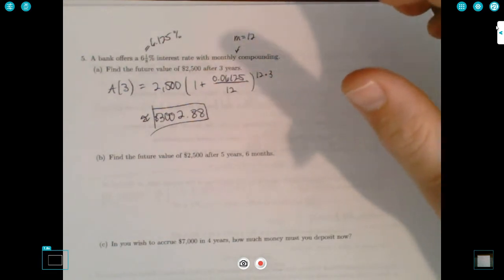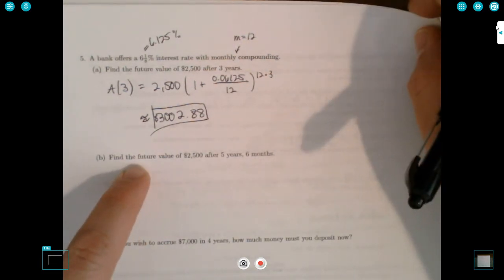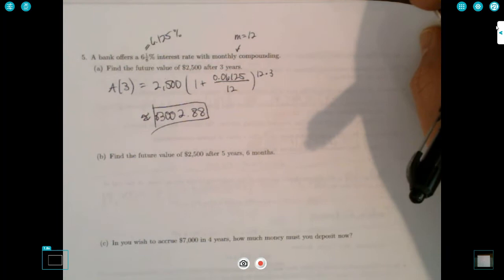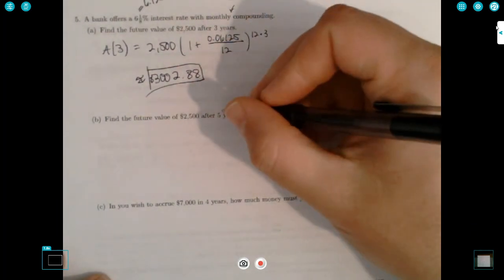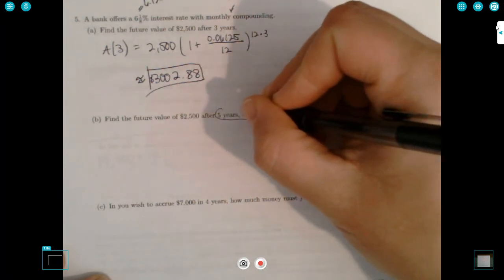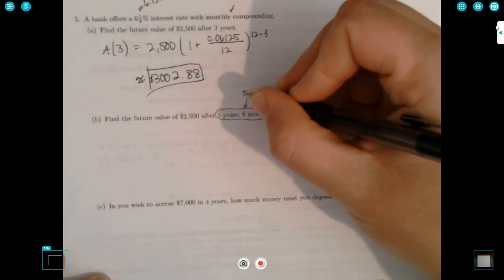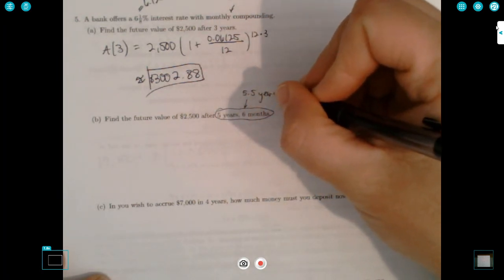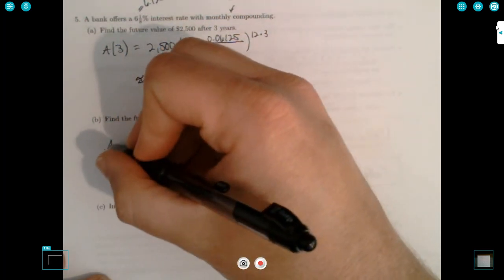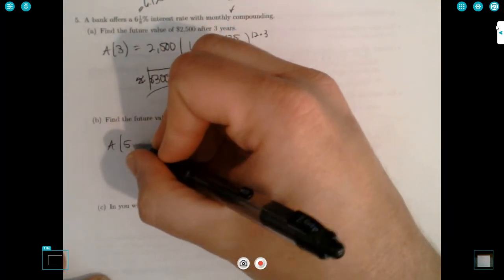Okay. Part B. Find the future value of $2,500 after 5 years, 6 months. 5 years, 6 months. That would be 5.5 years, right? Okay. So we're going to look at A of 5.5.